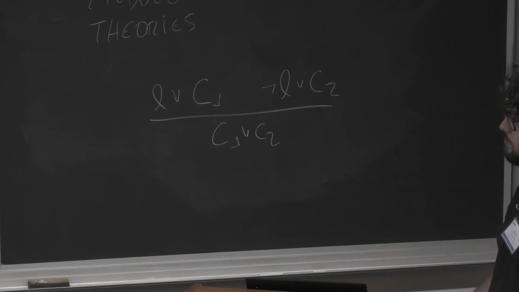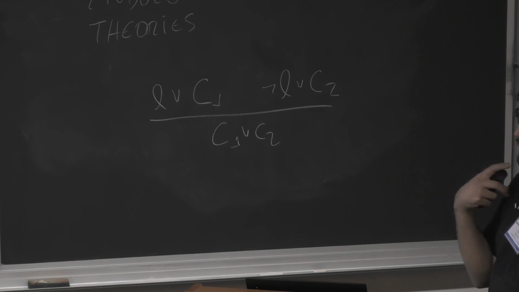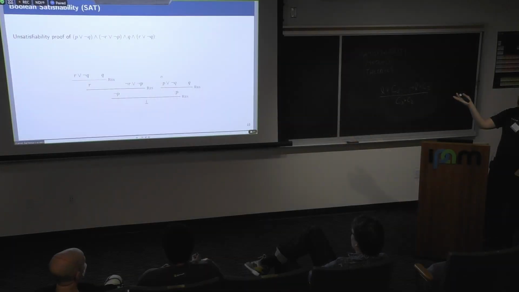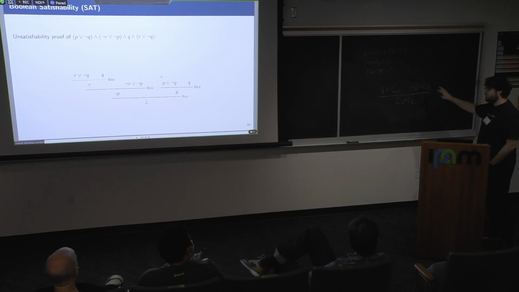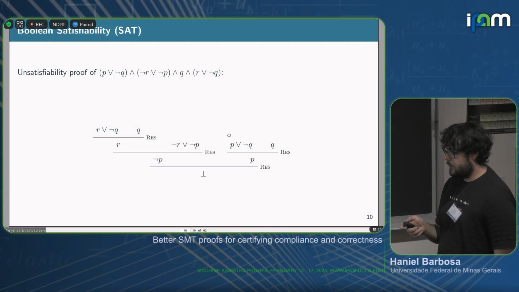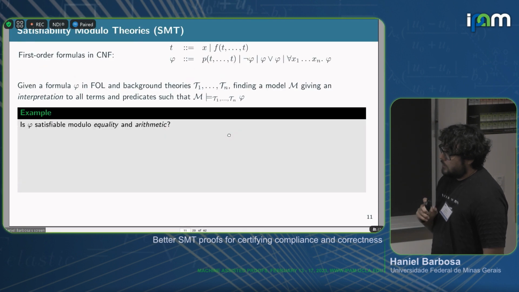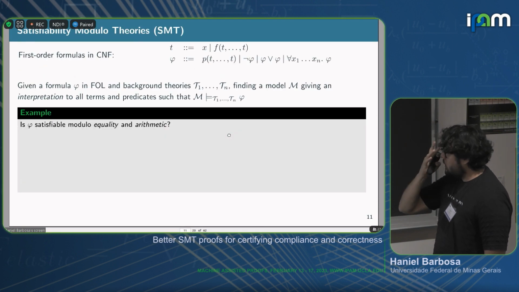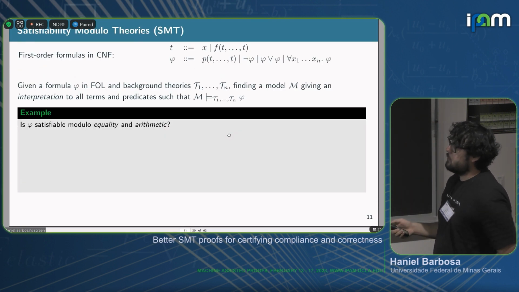You can do everything with it. So you can then construct an argument that your formula is unsatisfiable because I can have this proof. And then you can have a tool that understands what resolution is, and that tool can check that your argument is valid by checking the proof. That is the overall idea. Okay, in SMT, things start to get a little bit more complicated. First, the language is different.